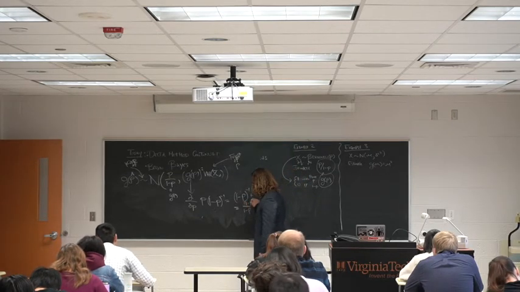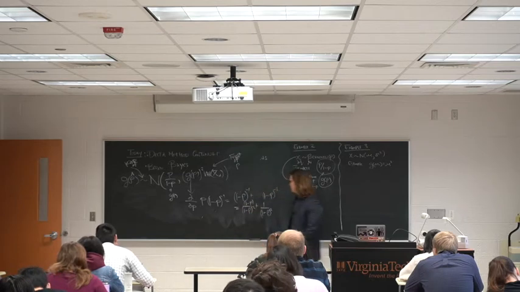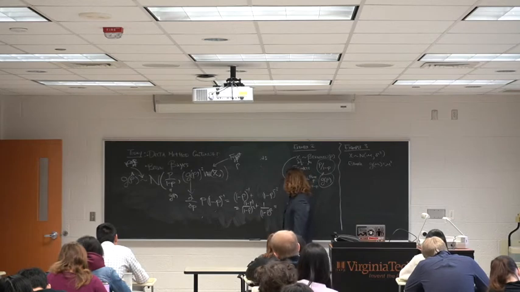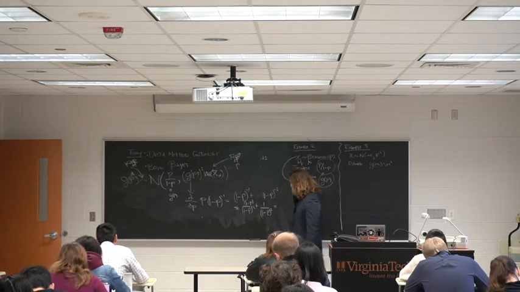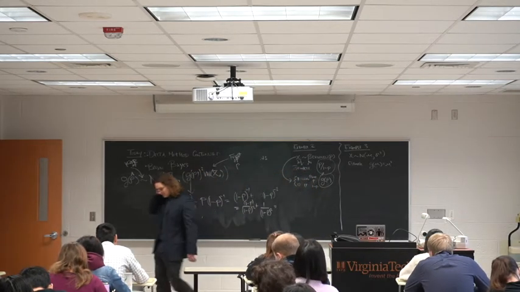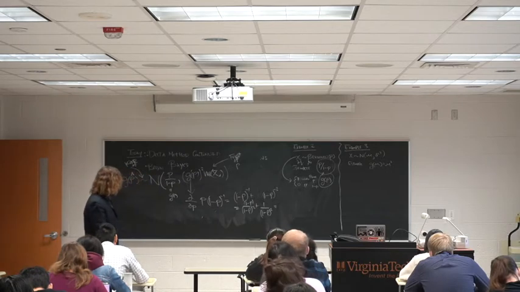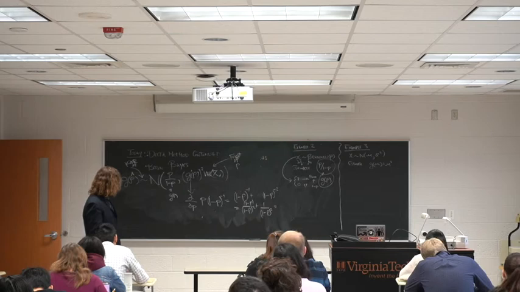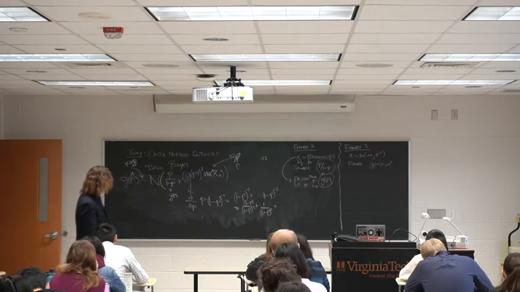I'll do this. Multiply the top and the bottom by the same thing, and then I'll add these two things together. Where's my A?